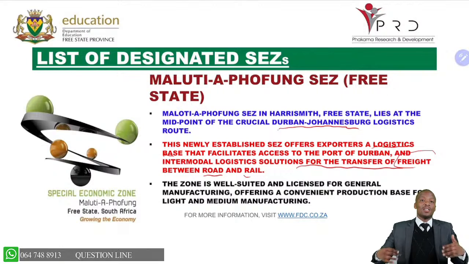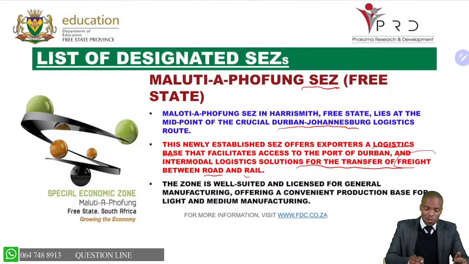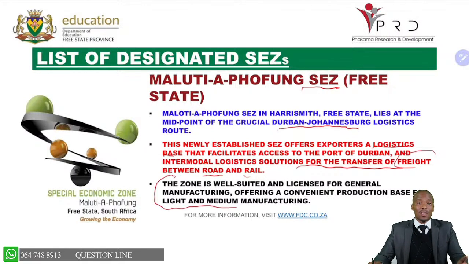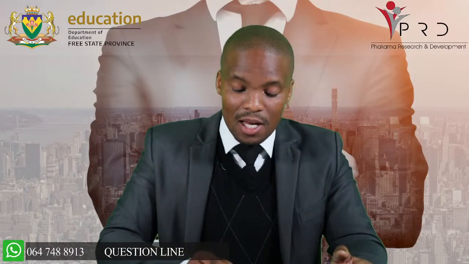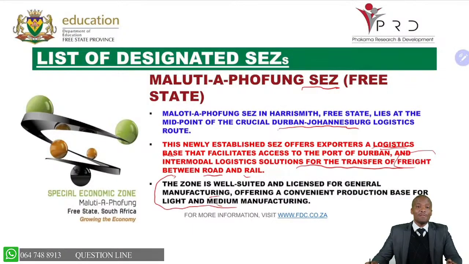So it is very important, grade 12s, to know the economic zone, know why it was established, and what its purpose is. So it also offers logistics, if you can remember that. Manufacturing is there in terms of light and medium manufacturing. That is the Maloti Drakensberg special economic zone in the Free State.